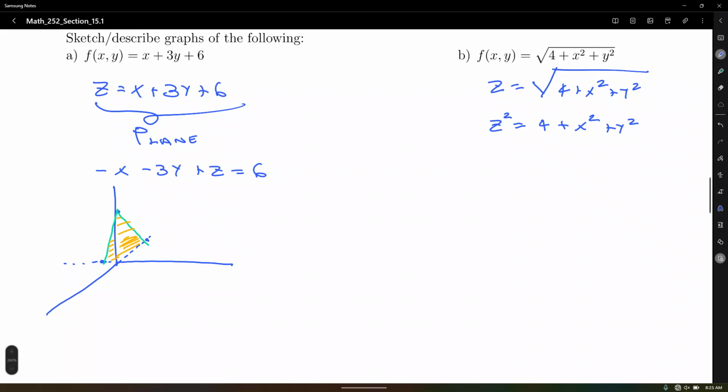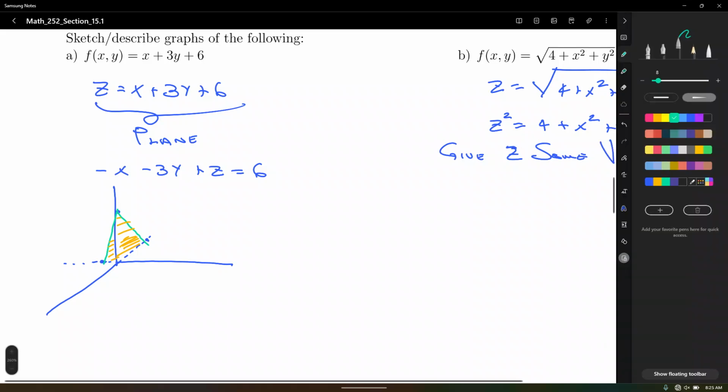Okay, so this is what we're going to do. We're going to give z some values. So I'm going to choose z equals 2, a convenient value that I already know how it works, I've done it a few times.